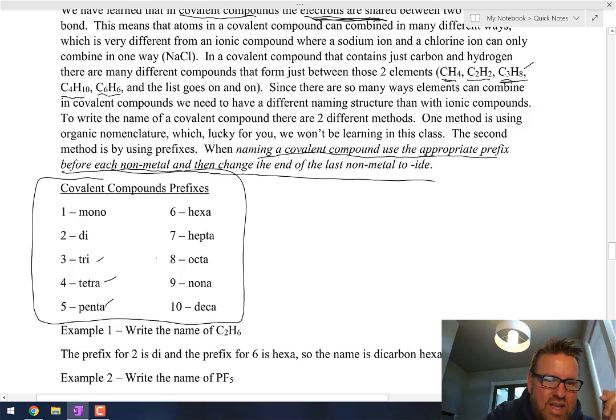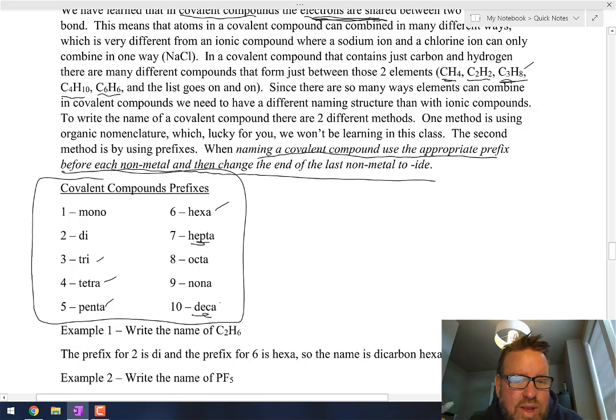A pentagon has 5 sides. A hexagon has 6. The way I remember number 7 and number 10 is from the Olympics, where they have a heptathlon and a decathlon. The heptathlon has 7 events, and the decathlon has 10. Octa is 8, and then nona is 9.